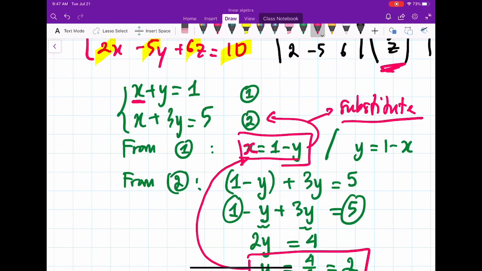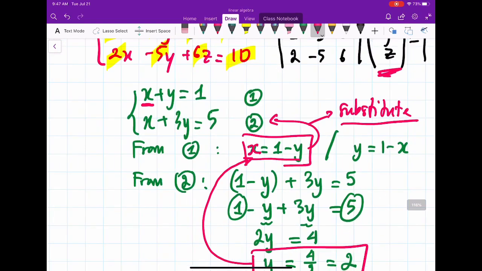If you have more than two equations, you do almost the same thing. You pick the first equation, solve for some variable, plug that into other equations, and then you have a system of linear equations, but the number of variables is less than the number of variables in the original system.